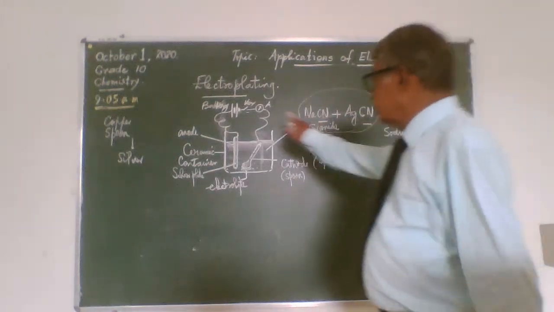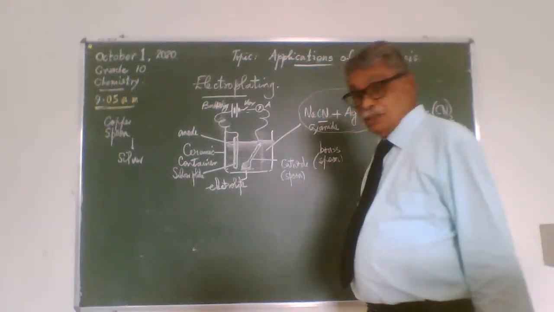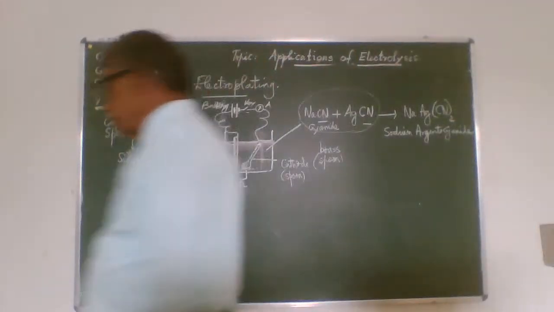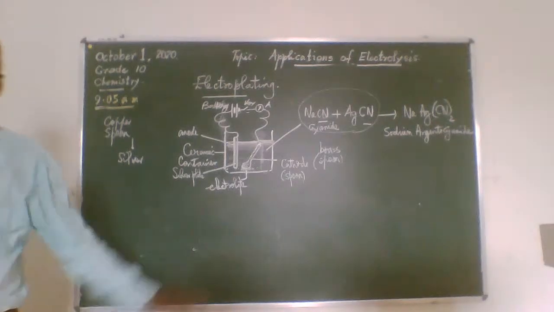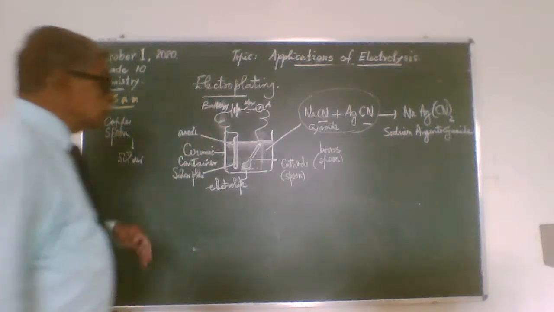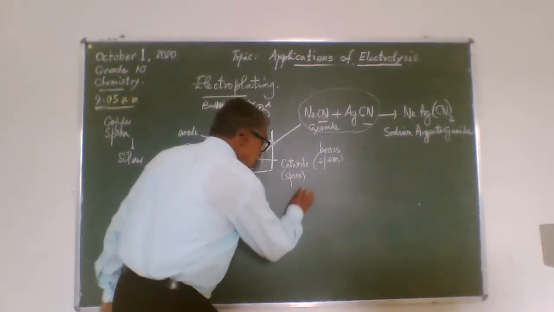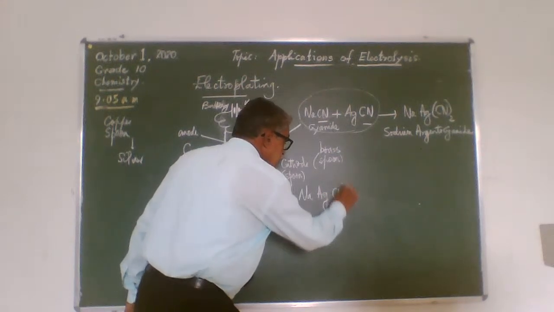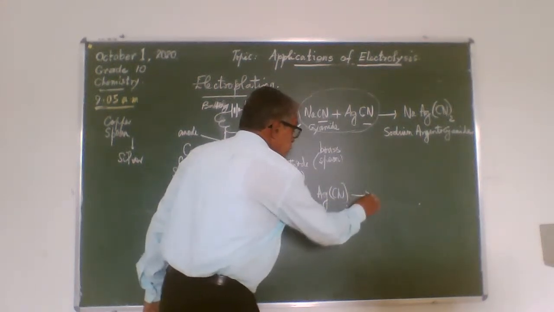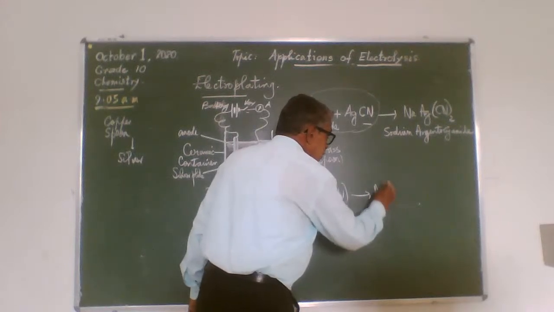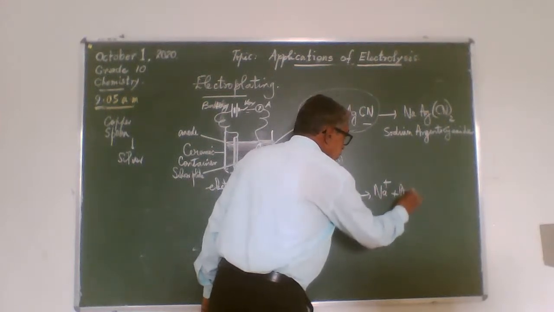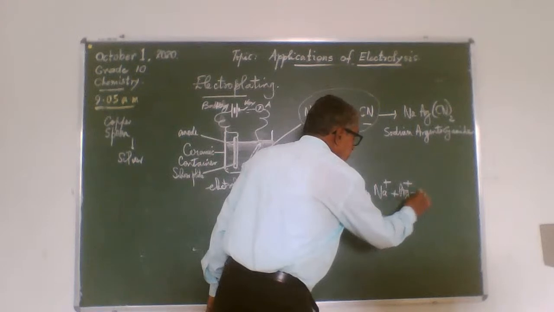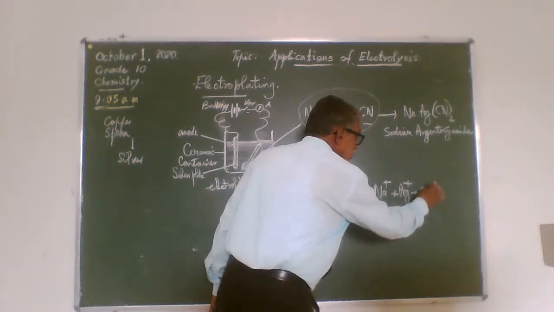A low current is passed through it. What reactions take place when electricity passes through it? You can easily understand. NaAg(CN)2 will first split up into Na+, Ag+ and CN- ions.